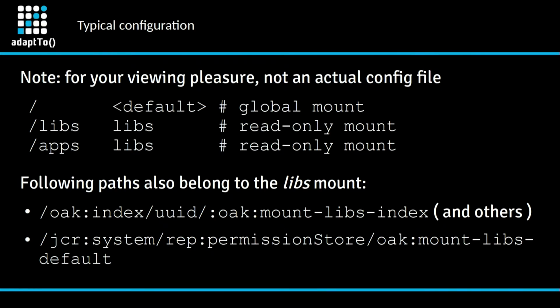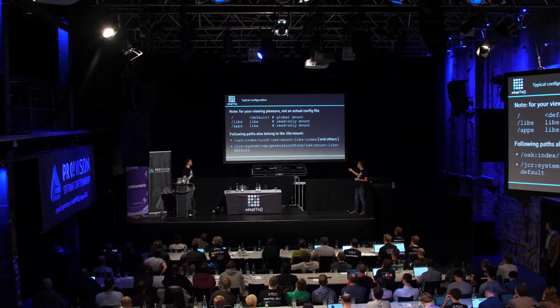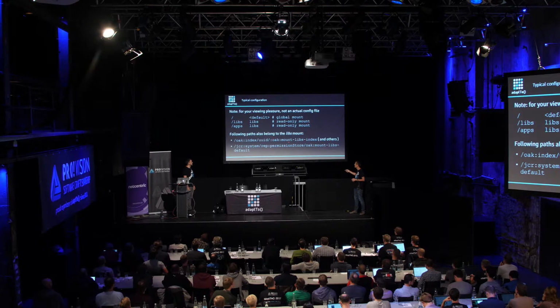Also, indexes. So if you have the UUID index, for instance, that's the usual structure. And then instead of the index, you would have the index node, usually, which holds the index data for the global store. You also have this :oak:mount-libs-index, which is the way a mount would contribute.